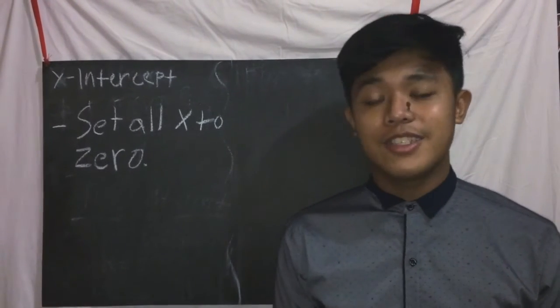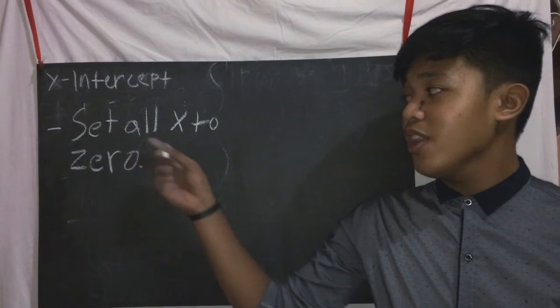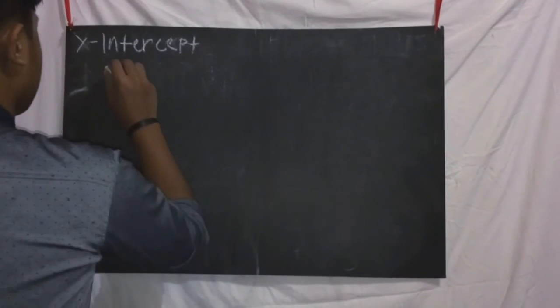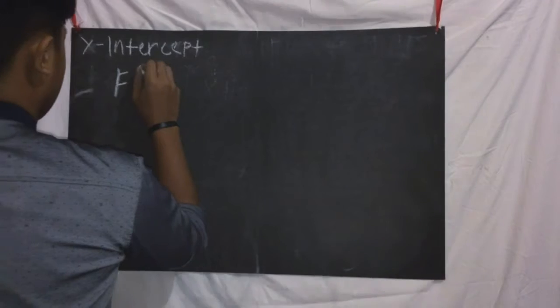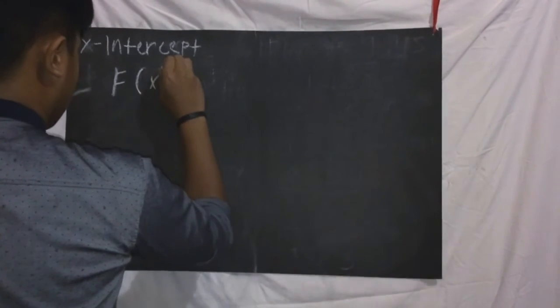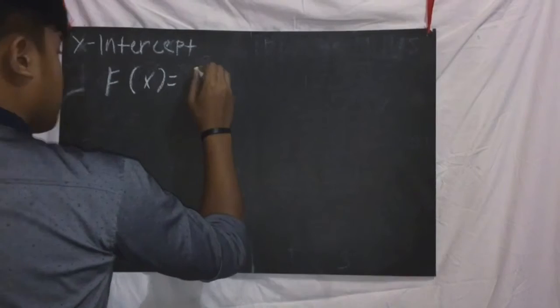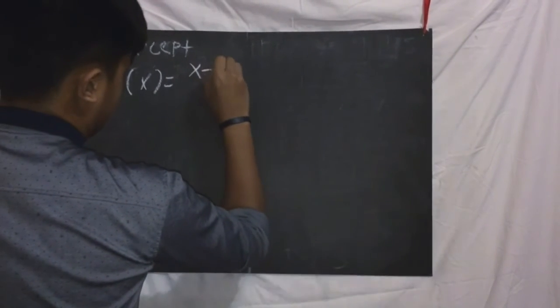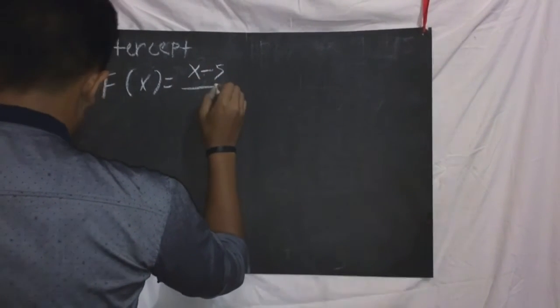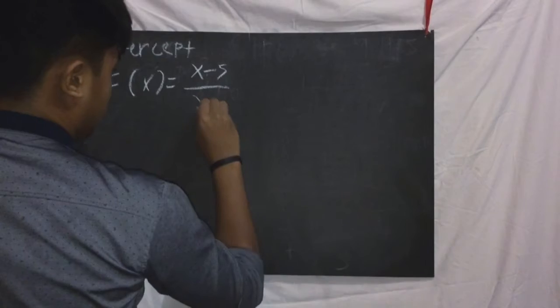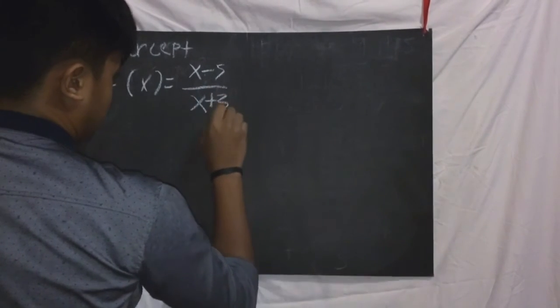To find the y-intercept, we must set all x to 0. So the given is f of x equals x minus 5 over x plus 3.